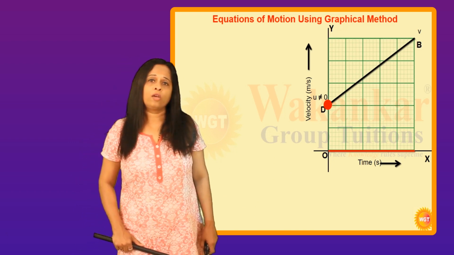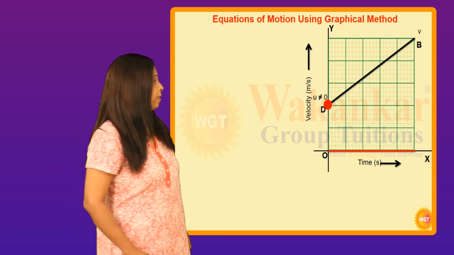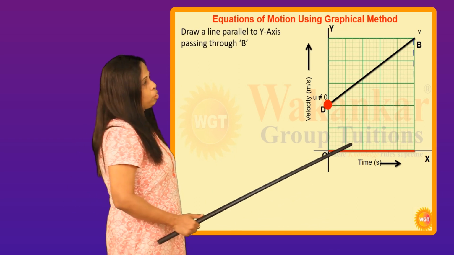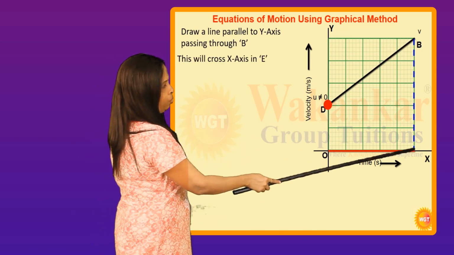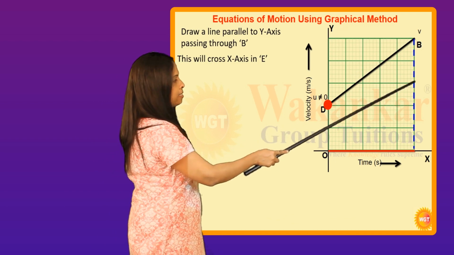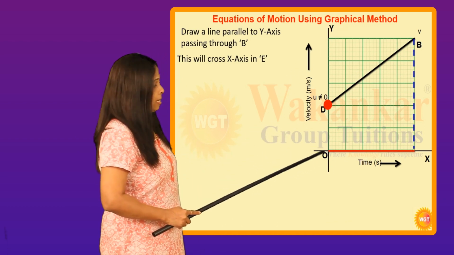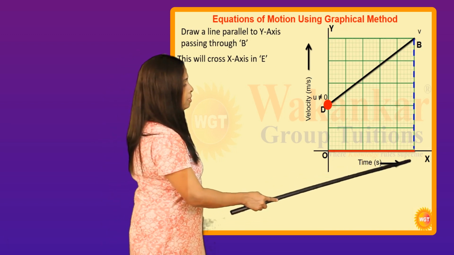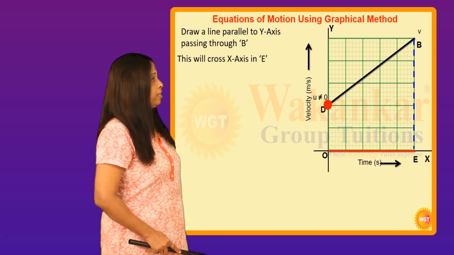Let us see which construction we need to do. First, we are going to draw a line starting from B. You can see, children, a line starting from B which is parallel to the y-axis and it touches the x-axis at point E.